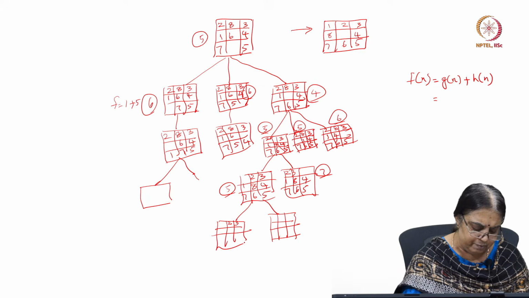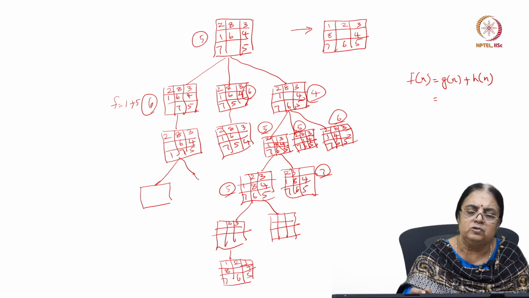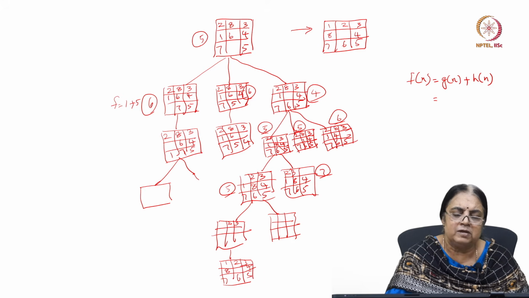So what happens is finally you are going to expand this and you are going to get your solution here, okay. So this is how the A star algorithm basically works.